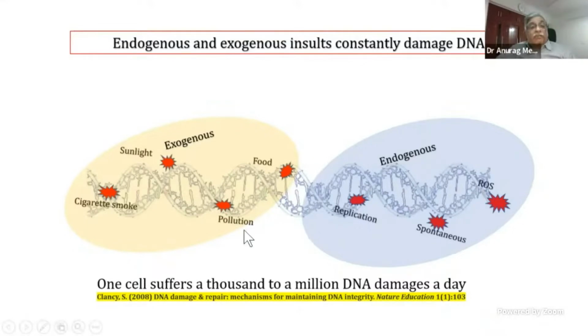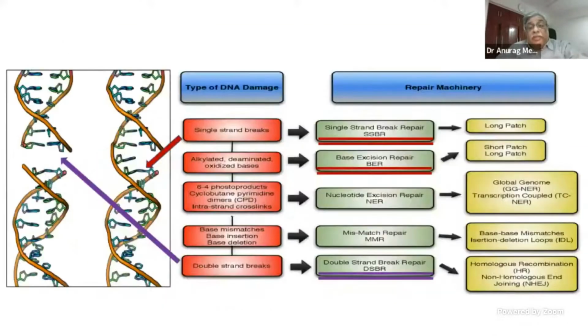Exogenous insults can come in the form of ionizing and non-ionizing radiations, the genotoxic agents in the food, environmental pollutants and cigarette smoke, etc. Each cell of our body suffers 1,000 to 1,000,000 DNA damages a day, and this needs to be repaired. And these repair pathways are very efficient and very effective.